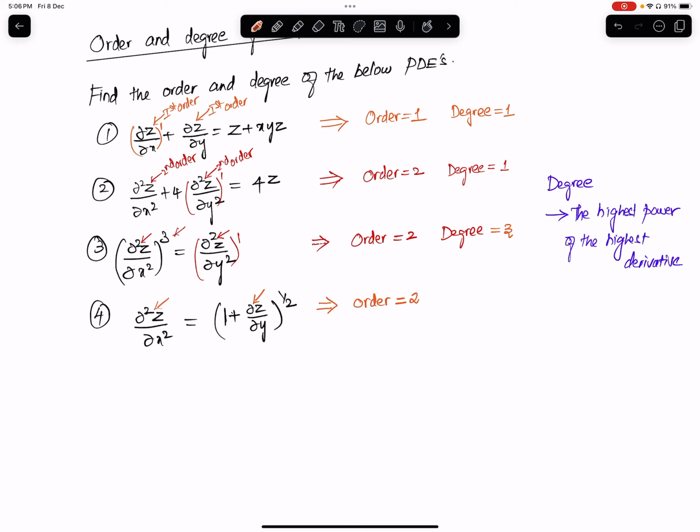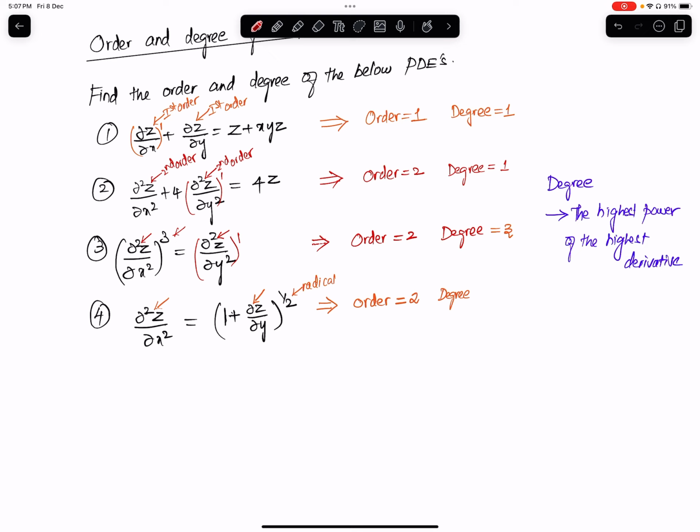But if you want to find the degree, don't forget, first remove the radicals. See here, this is a radical. Radical means something like a square root, because power half is the same as square root. So first you have to remove the radical. How to remove it? First square both sides. The order is very clear; just by seeing the highest order of derivative, you can write the order.